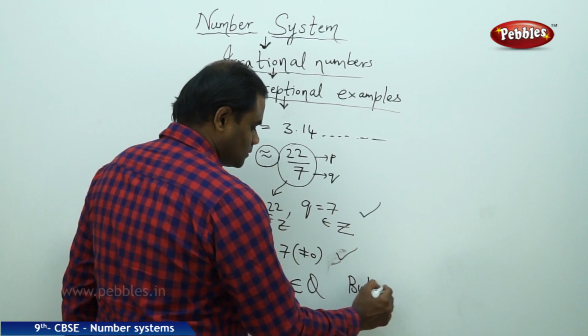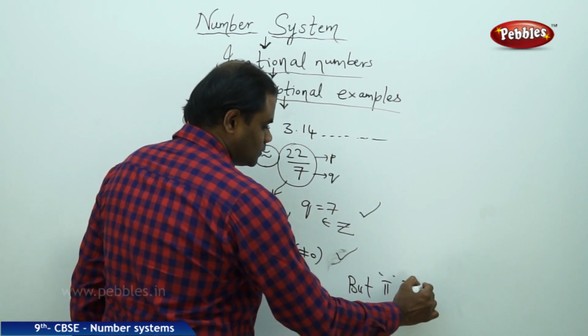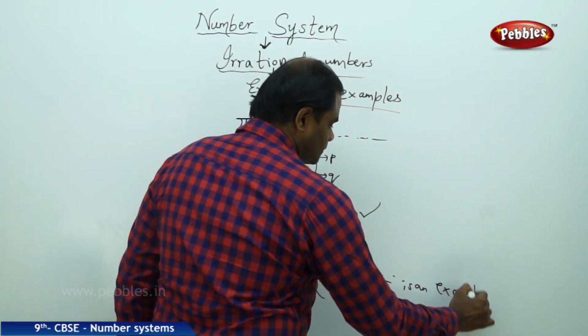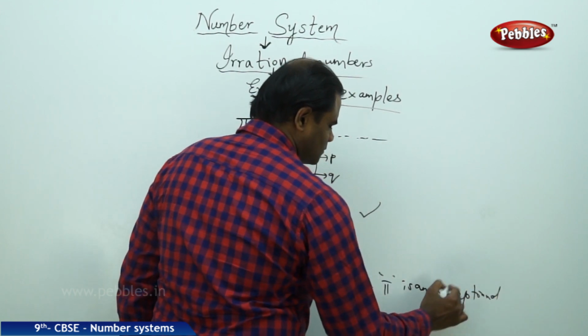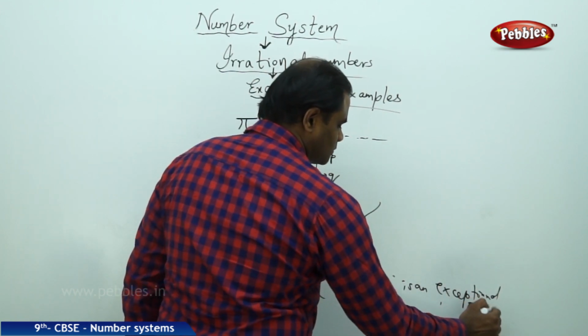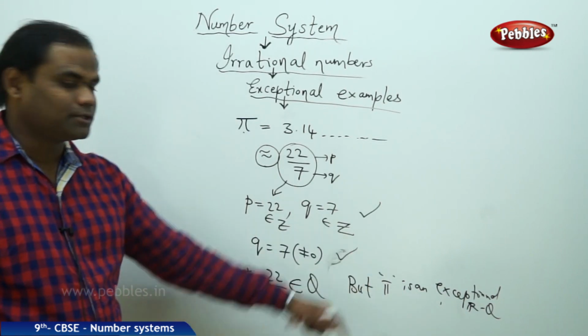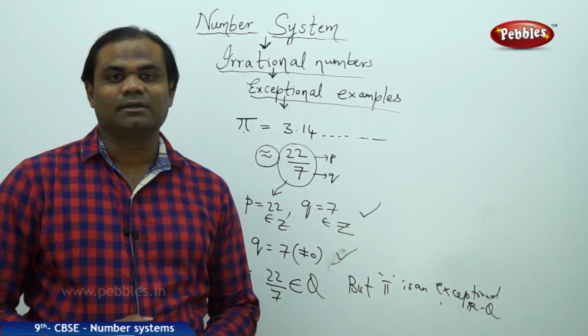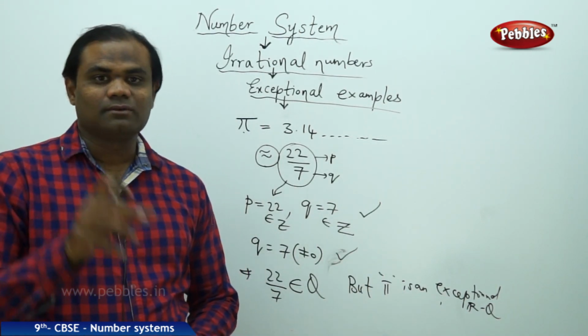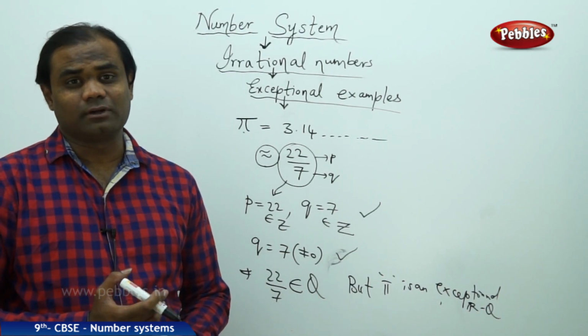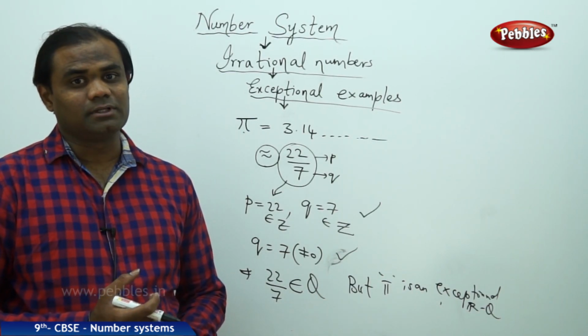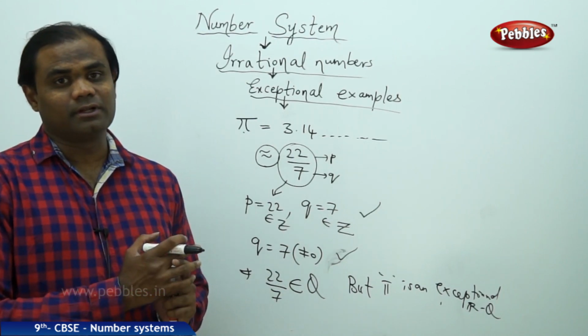Pi is an exceptional irrational number. R minus Q is how we identify the specific numbers in mathematics which are not accepted as irrational numbers.